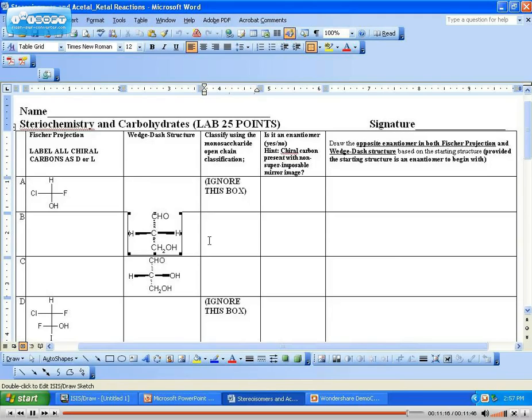So in this case, the first part of this name would be aldo, because there are 3 carbons, carbon 1 up here, carbon 2 in the center, carbon 3 on the bottom. Then this would be tri, and the open chain monosaccharide classification name would be aldotriose. Aldotriose.